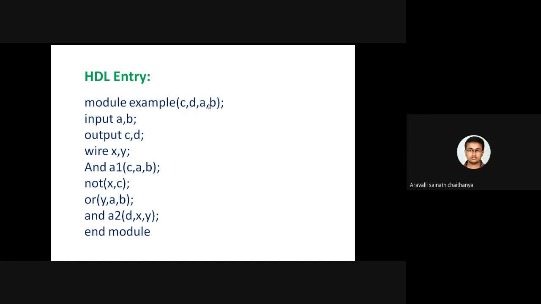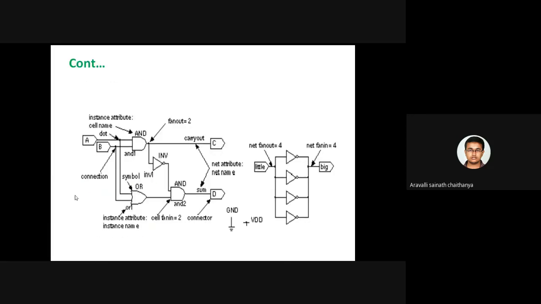We don't know which are the input ports and which are the output pins, so what I am doing here is mentioning specifically what my inputs and outputs are. As soon as I mention the inputs and outputs, I also have some intermediate connections. This OR gate is connected with the second AND gate.